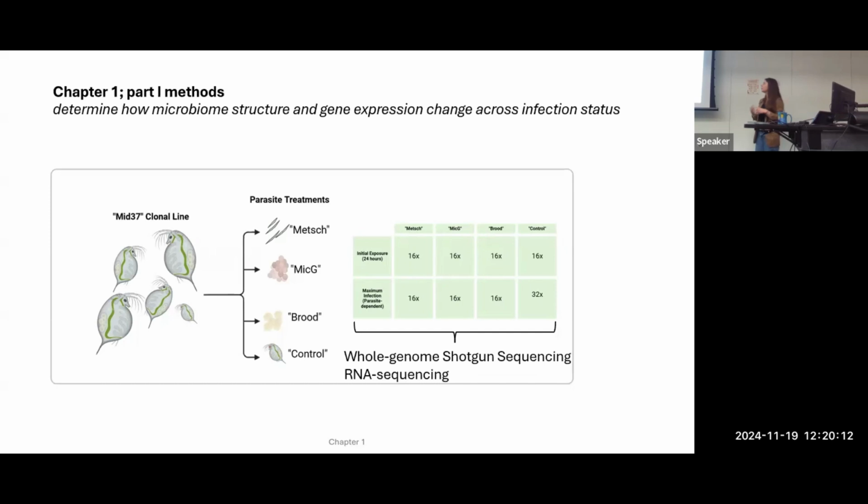And combine this with RNA-seq. What RNA-seq will do is track the presence of RNA to show gene expression during my different conditions. And from there, I'll be able to do differential gene abundance to compare the expression levels between my treatments.